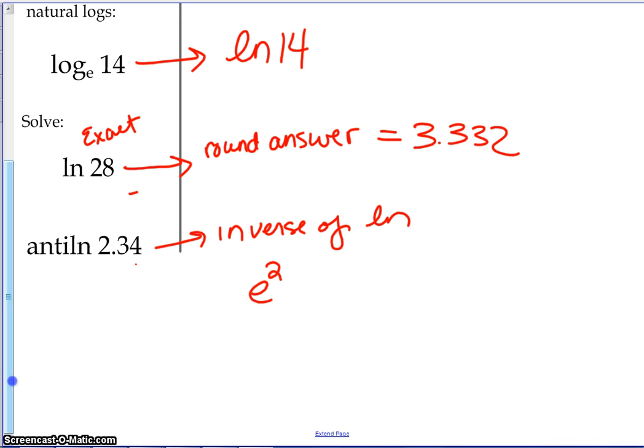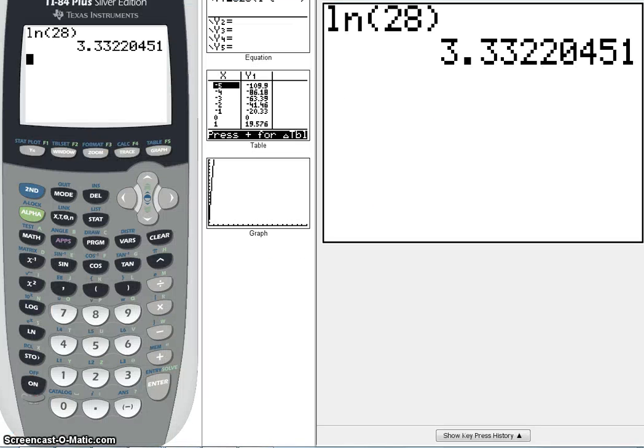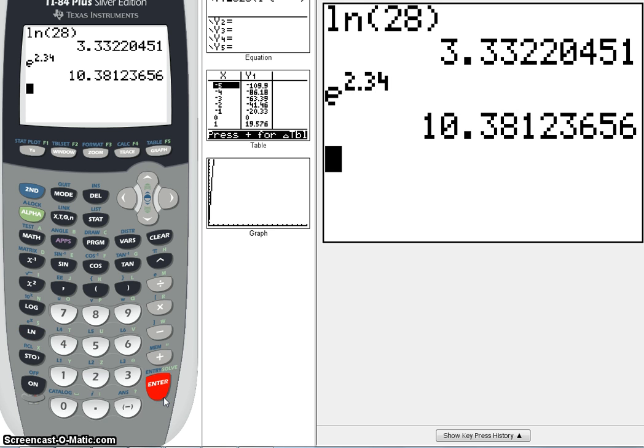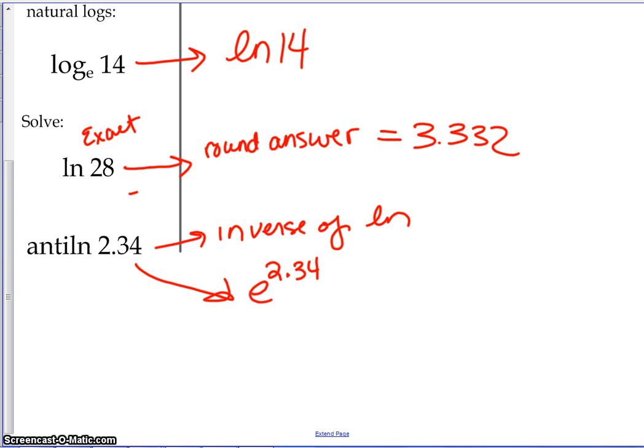So really, the anti-natural log of 2.34 is e to the 2.34. On our calculator, we would press second, natural log, which is the inverse, which is e to the x, and enter 2.34. And our answer there was 10.381.